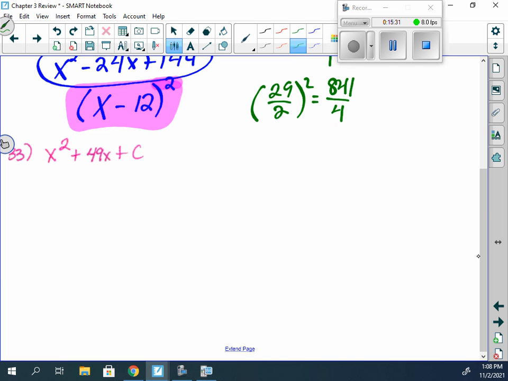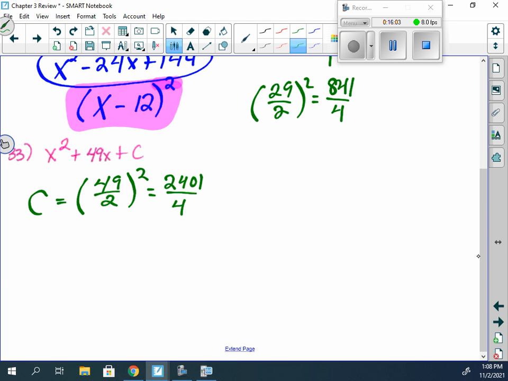Because if we work out 33, C is equal to, for this part, B over 2 squared. Well, B is 49. Now, on the answer key, I did write it out as a decimal. You can write it as a decimal or leave it as a fraction. Either one works. If we leave it as a fraction, 49 squared would be 2401.